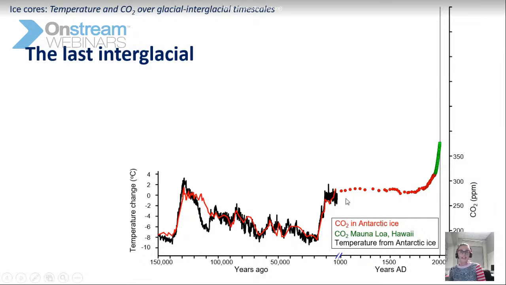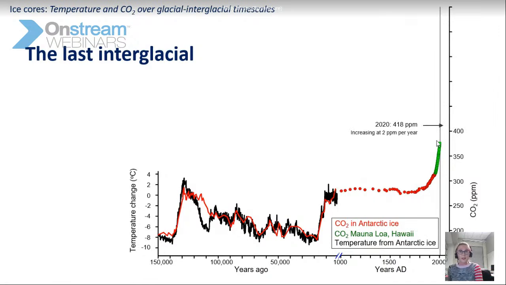Now let's zoom into the last 1,000 years. CO2 was fairly constant. And so this is CO2 in the red circles from the ice core, and in the green are actual measurements we have made. So these are increasing, we know this.